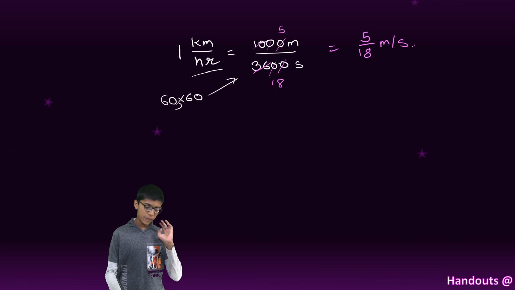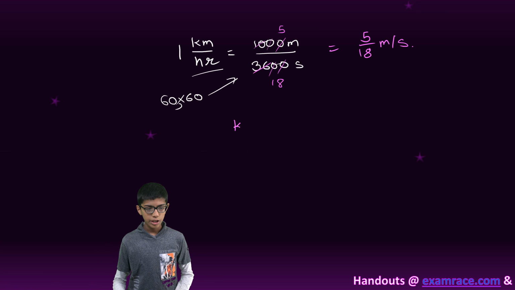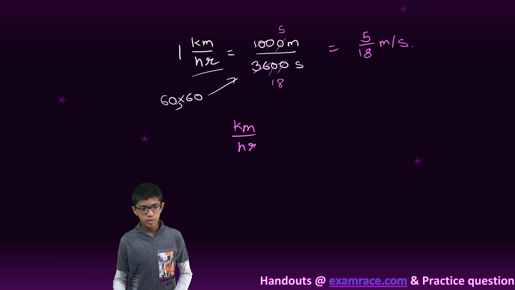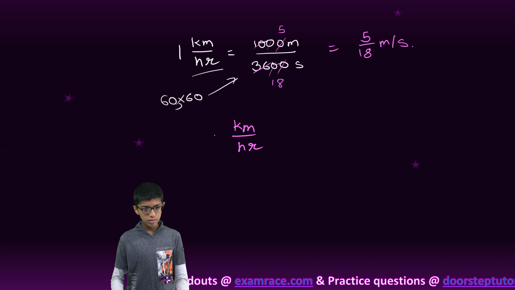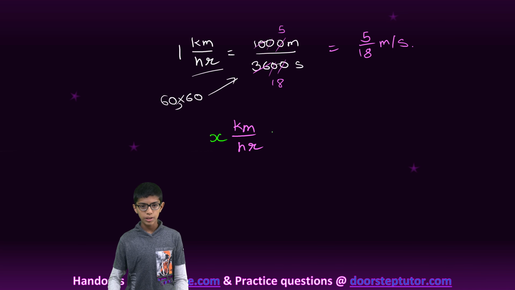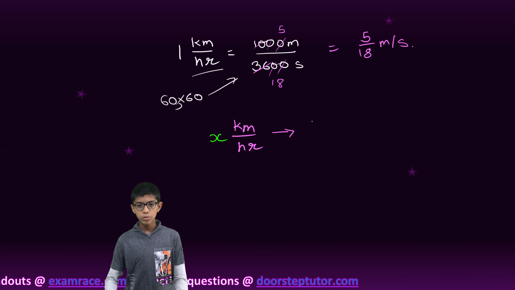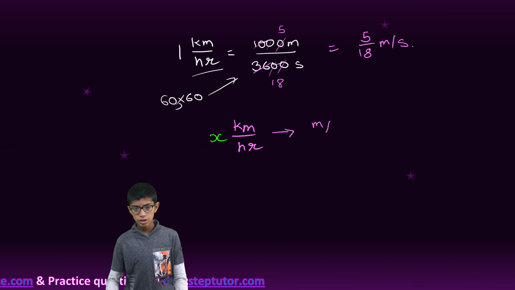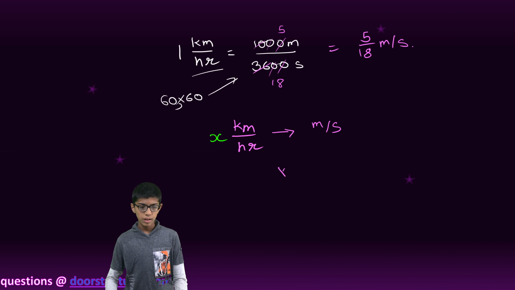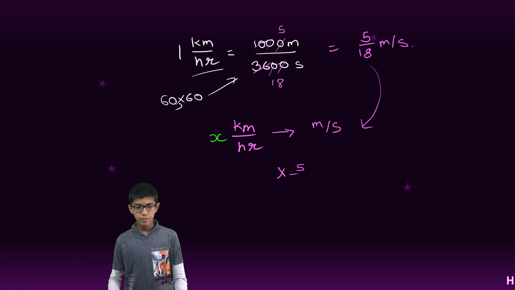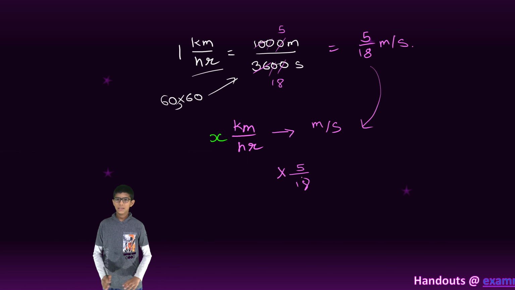So whenever we want to convert kilometer per hour, so x kilometer per hour into meters per second, we will multiply by 5 upon 18. Isn't it easy?